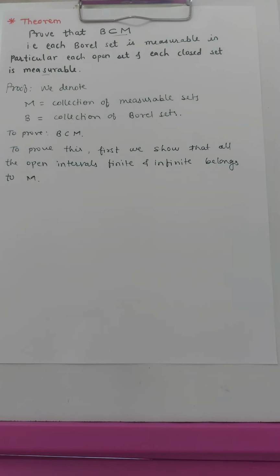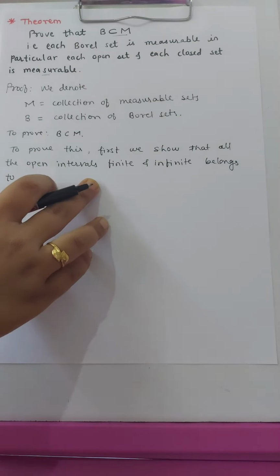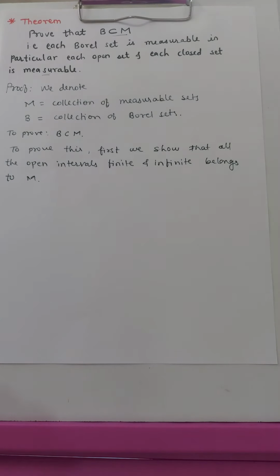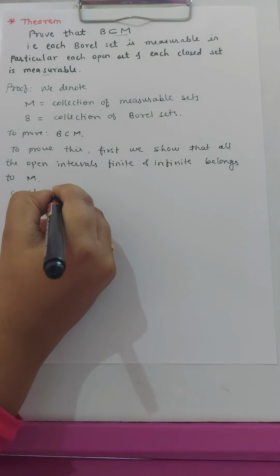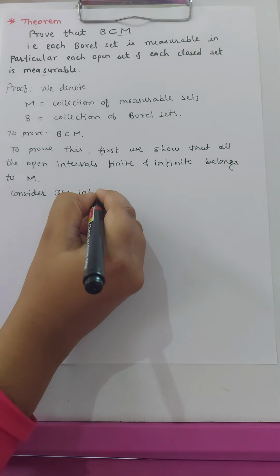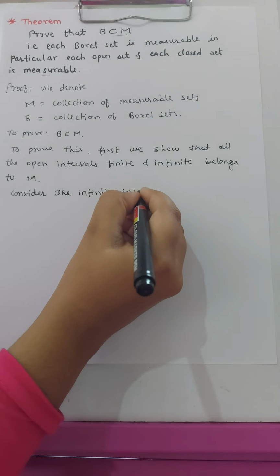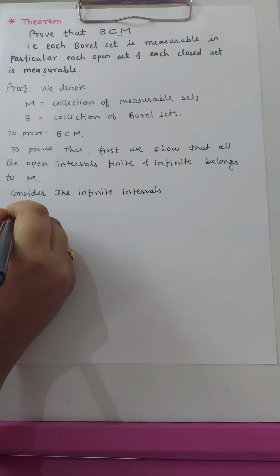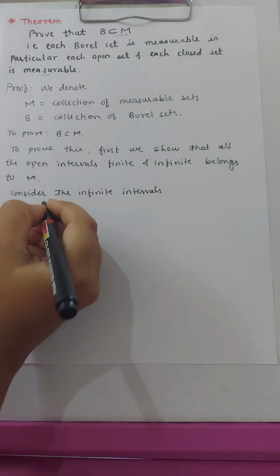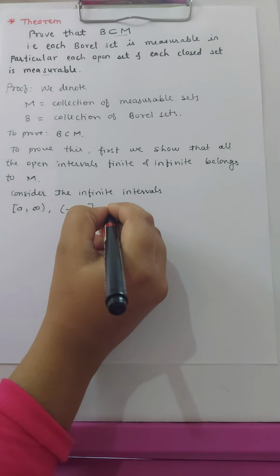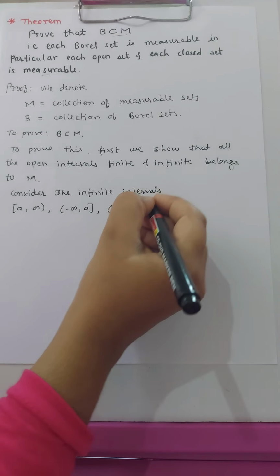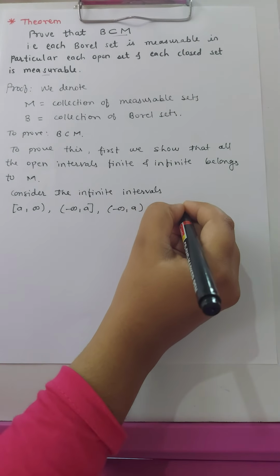For this, we have proved that any finite interval is measurable. So all finite intervals trivially belong to M. Now we consider some infinite intervals. Let them be [a, infinity), (minus infinity, a], (minus infinity, a), and (a, infinity).